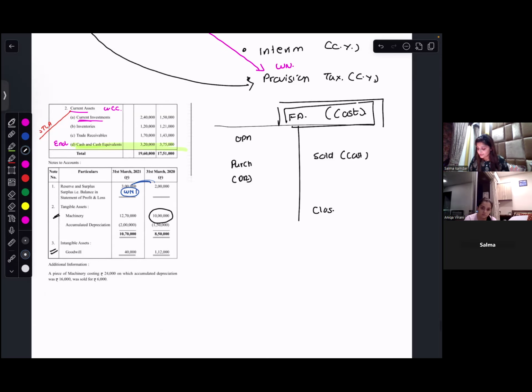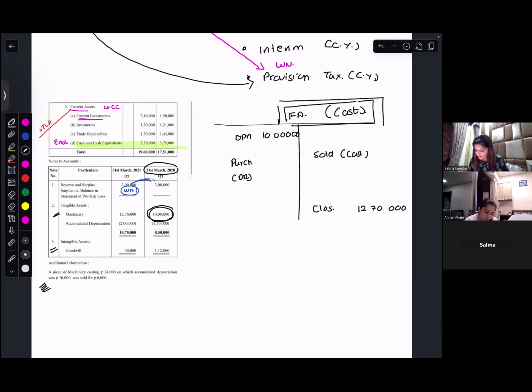This is which year? 2020. What you will take? 10 lakh. Opening, closing. Correct? Yes. Okay.